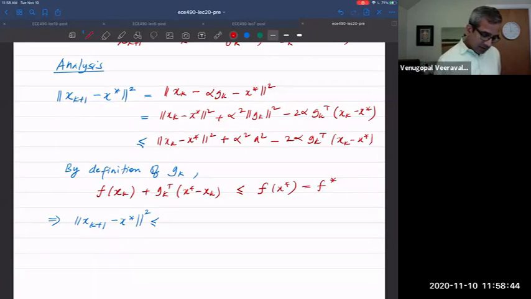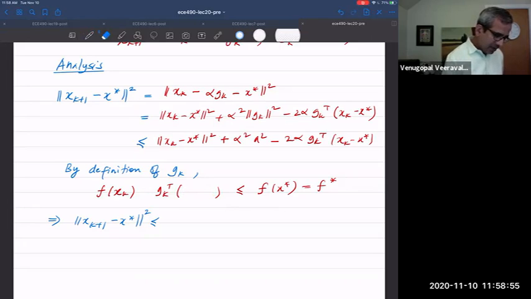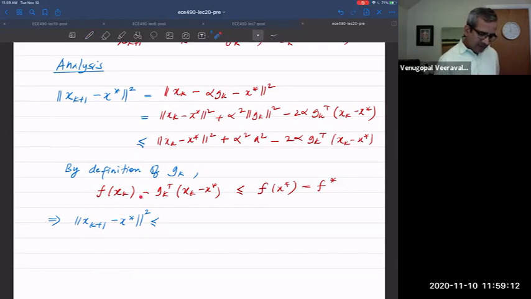So this g transpose x star minus xk is the same as the negative of gk transpose xk minus x star. You'll see that this negative of gk transpose xk minus x star is upper bounded by f star minus f of xk.